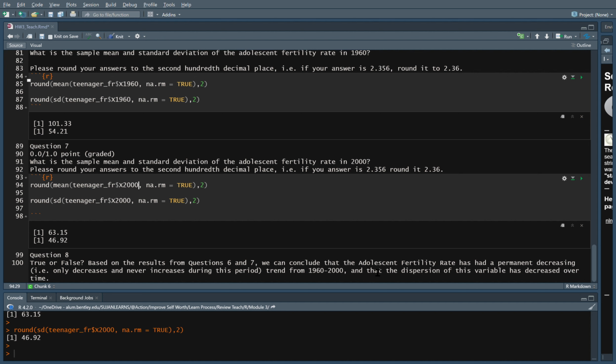Is it true or false? Can you tell me? From what I think, this is false because we cannot definitively say that. We have only two data points here, and there's a lot of gap between those 2 years. Therefore, we cannot conclusively say that it has been decreasing from 1960 to 2000. Therefore, it is false.